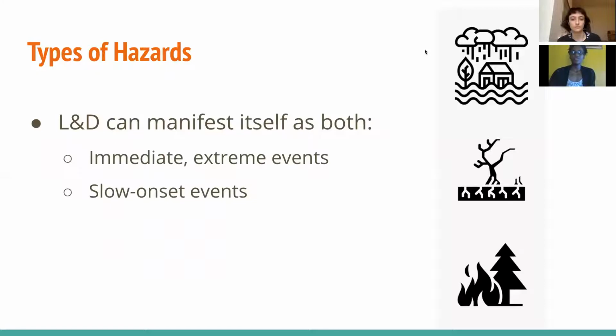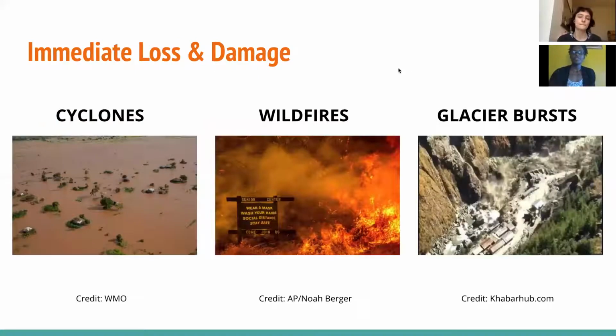So there are two categories of hazards that are usually classified that result in loss and damage. One is the immediate extreme events, such as flooding, and second would be the slow onset events, such as desertification. And so we have some illustrations of some immediate events which have occurred this year, though we're only 3 months into the year.